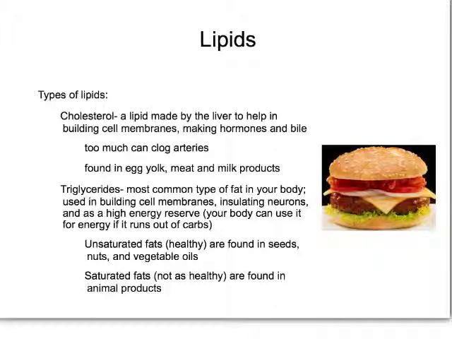So this is the kind of fat that your body can break down in order to get energy if it runs out of carbohydrates. In the triglyceride category, we have unsaturated fats and saturated fats. Unsaturated are the healthy kind, found in seeds, nuts, and vegetable oils. Saturated fats, not very healthy. These are found in animal products and dairy foods.